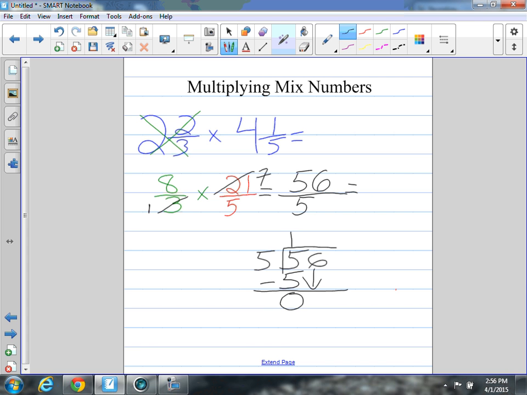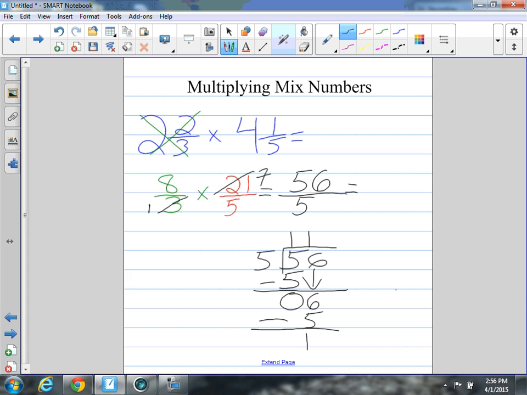Drop the 6. 6 divided by 5. 1 times 5. 6 minus 5. 1. Now hold on here. I had 11 remainder 1.